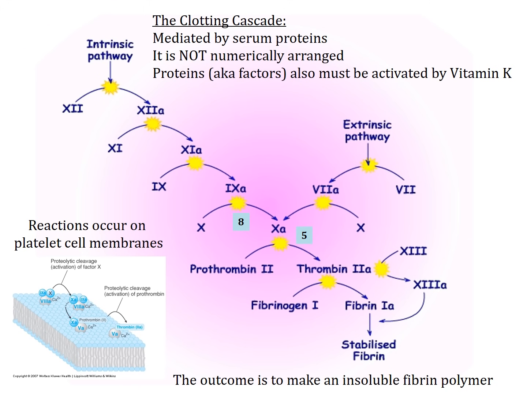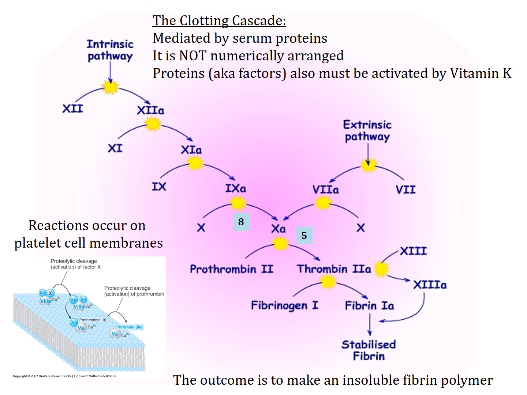There are actually three pathways in the clotting cascade. There's an intrinsic cascade, and then there's an extrinsic cascade. The intrinsic and the extrinsic cascades all lead to factor 10A. Roman numeral 10 is X, so 10A. What's the difference between X and XA? X, factor 10, is inactive.